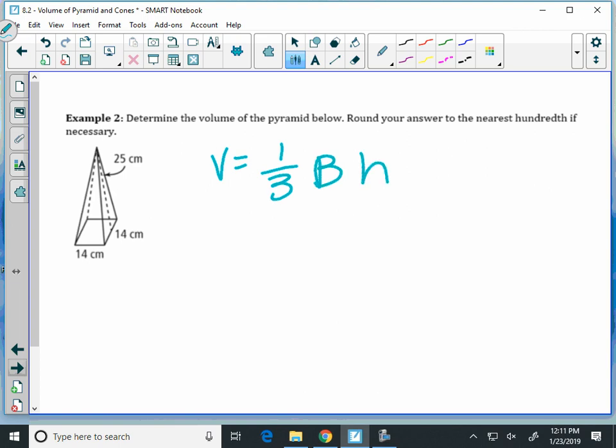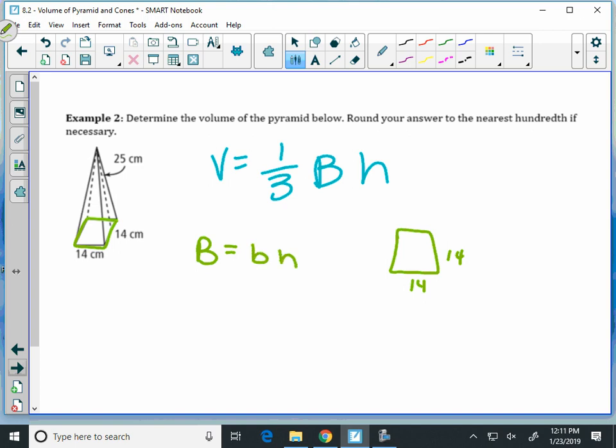Okay. We need to find our big B and the height of our figure. We find our big B. What is the shape of our base? Yeah, square. Both sides are the same, so it's a square. Again, if it's helpful, write it off to the side. So what formula are we going to use to find the area of our base?